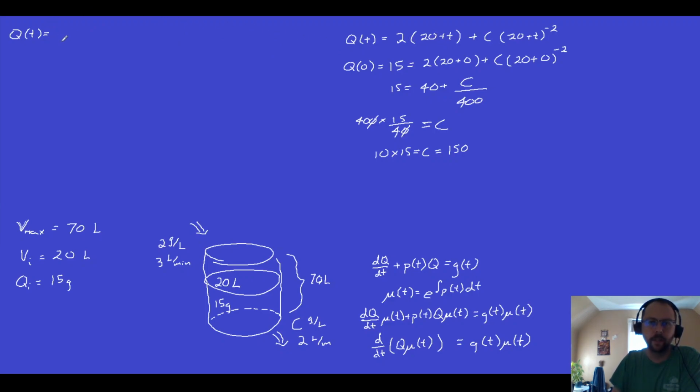So we have 40 plus 2t plus 150 times (20 plus t) raised to the negative 2.